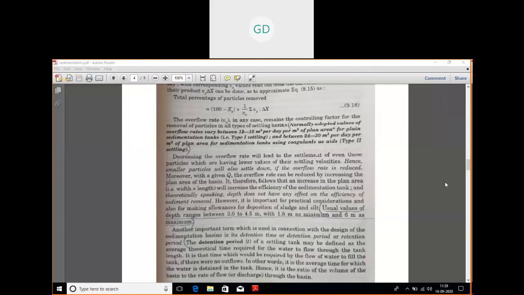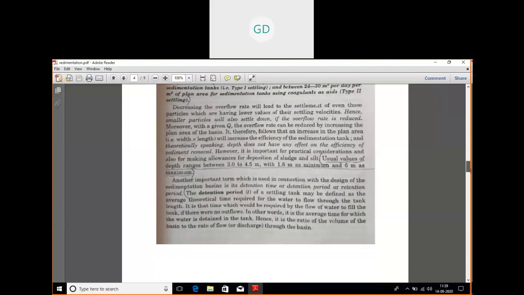I hope you have written. Okay, then next you write down this formula. Detention period formula you write down. Detention time we have already explained in the last class. It is the time that is required for the particle to settle down, or else if there is no outflow in the sedimentation tank, the average time that the water needs to fill up the tank is your detention time.